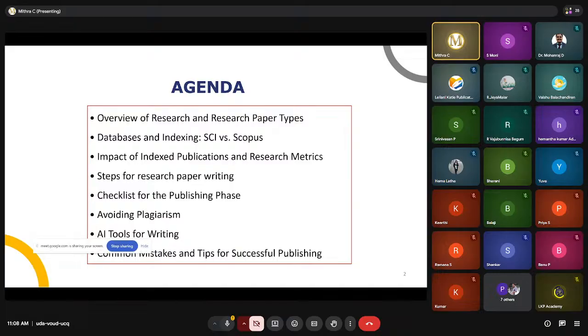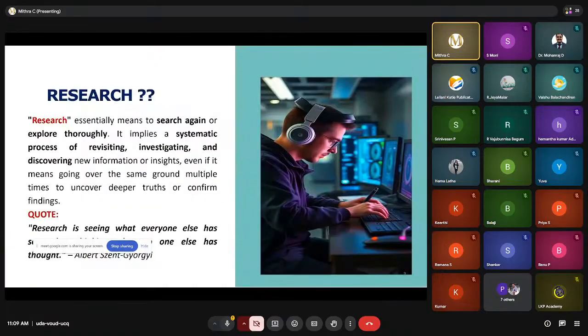Then we are going to focus more on the anatomy of research paper writing, that is the structure, followed by the checklist needed for publishing an article, and how to avoid plagiarism. We will also see the steps to follow to avoid common pitfalls during the publishing phase, and how to search for a journal according to our content. So these are all the things that we are going to discuss in today's session.